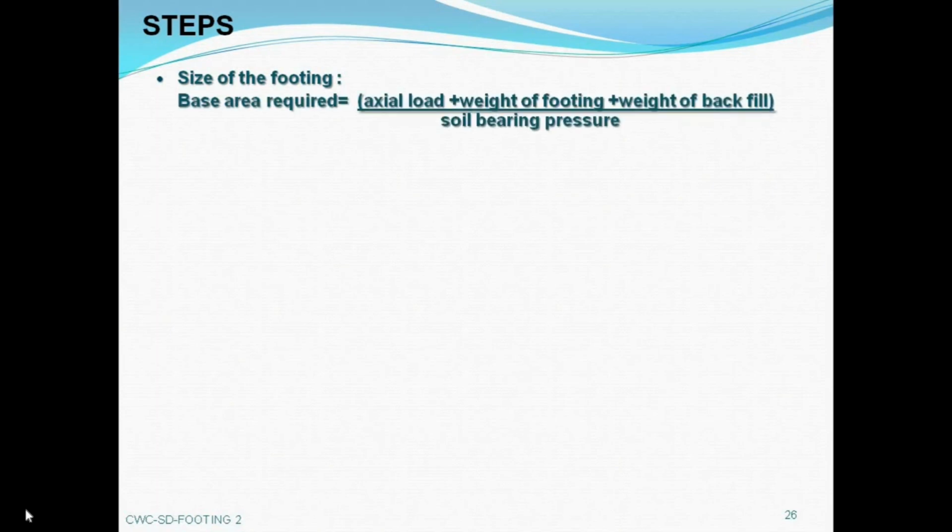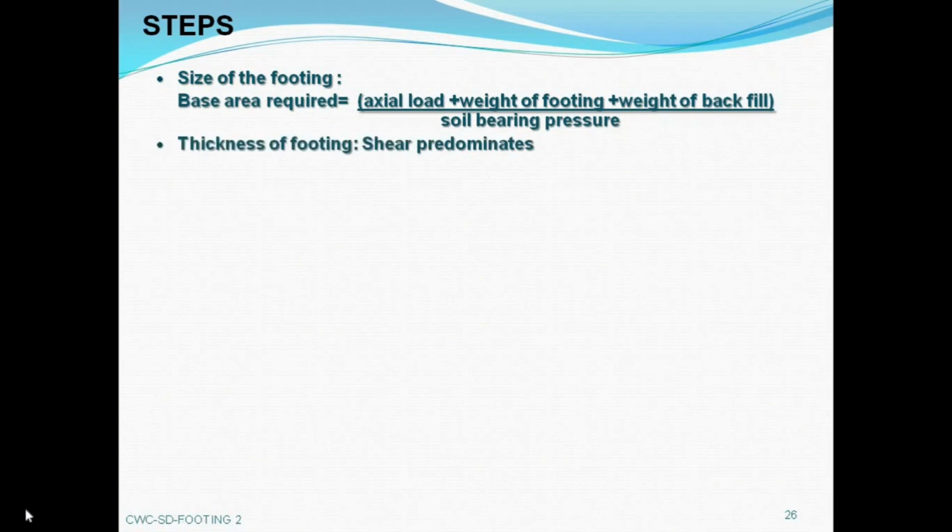Part 1 ends here. Let's go through the steps once again. First step is to find the size of the footing using the formula base area required is equal to axial load plus weight of the footing plus weight of the backfill, whole divided by the soil bearing pressure. Next is to find thickness of the footing.